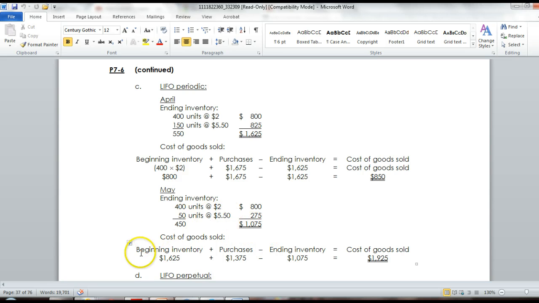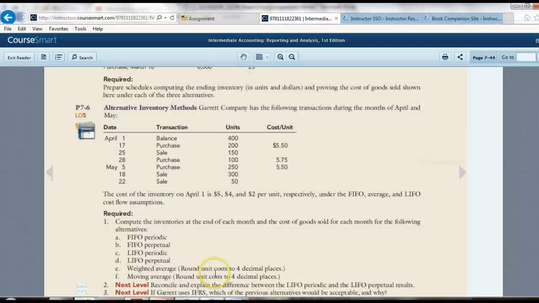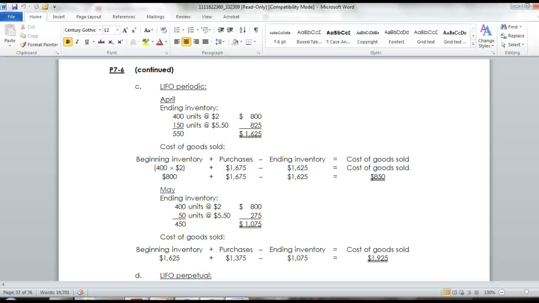If we take our beginning inventory plus our purchases during May minus our ending inventory, that'll give us our cost of goods sold of $19.25. Again, another way to look at that is we sold the 250 units here at $5.50 and 50 of these units at $5.50. Remember, this entire 100 units were sold under the periodic when we sold it on April 25th. So we are showing the LIFO periodic.